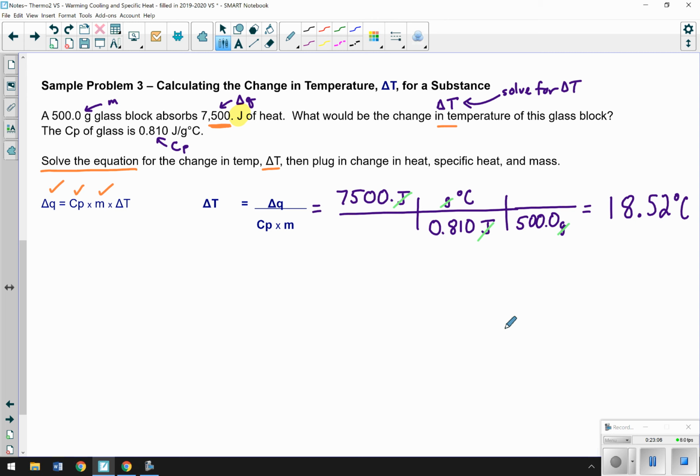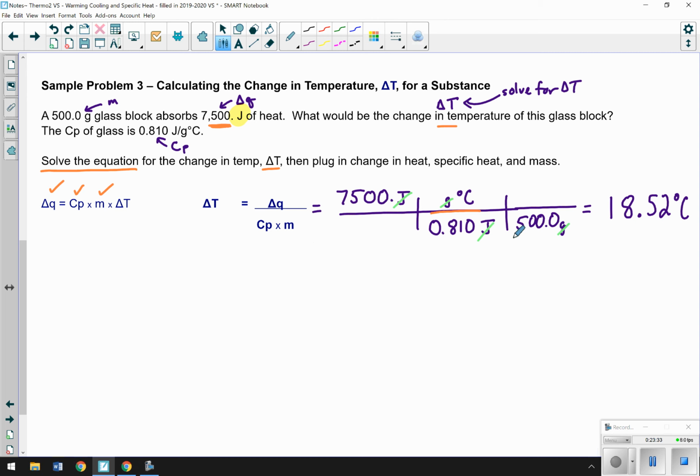And again, you've noticed I've set this up factor label style because of these units. I mean, already the specific heat has some ugly units, and so we want to make sure that we're setting our problems up correctly. So delta Q, 7,500 joules, divided by the specific heat, 0.810 joules per gram degrees C, and then you're going to divide that by the mass, 500 grams.